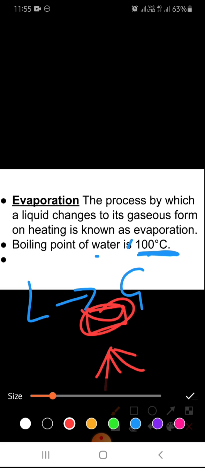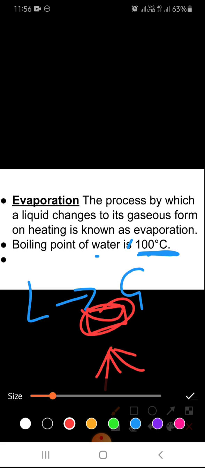It will take some time, and after some time the water inside the kettle will start boiling. Whenever the temperature reaches 100 degrees Celsius, it will start boiling. So we can say the boiling point of water is 100 degrees Celsius, means a liquid will boil when it reaches 100 degrees Celsius.